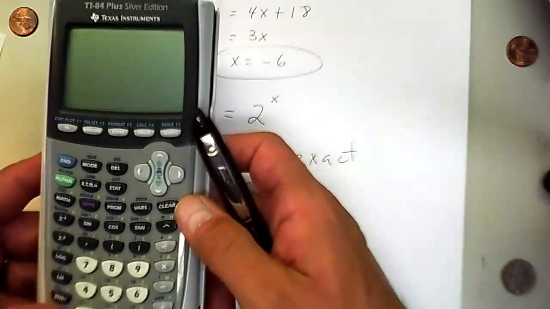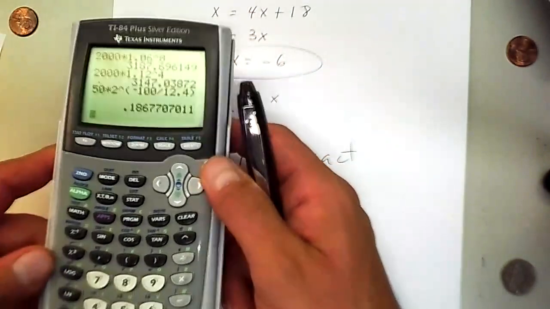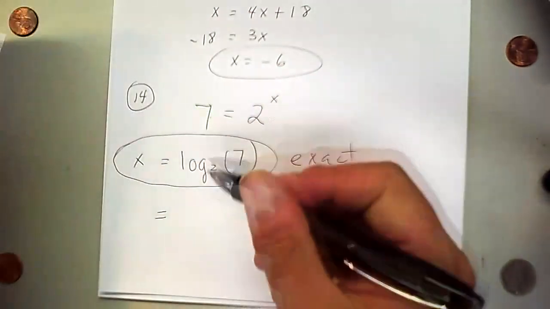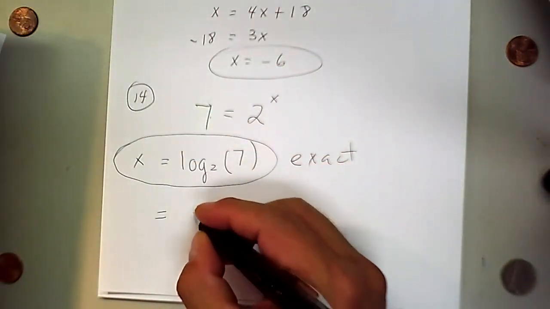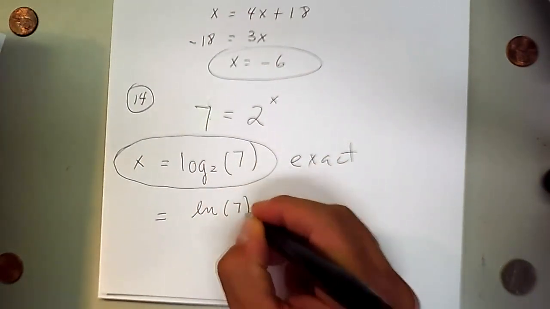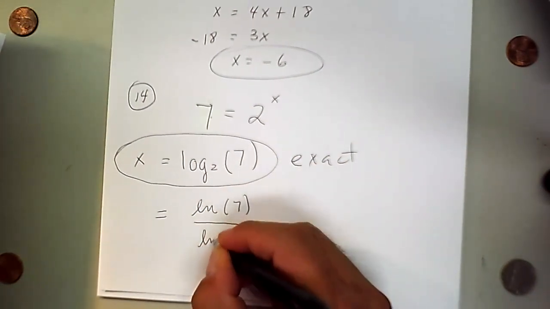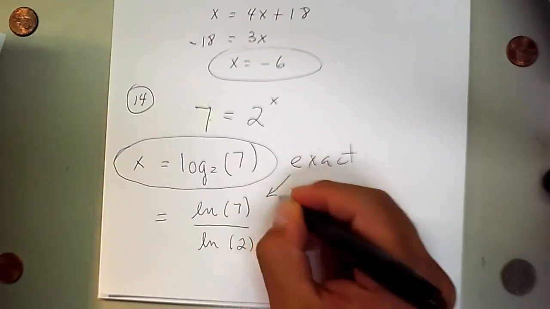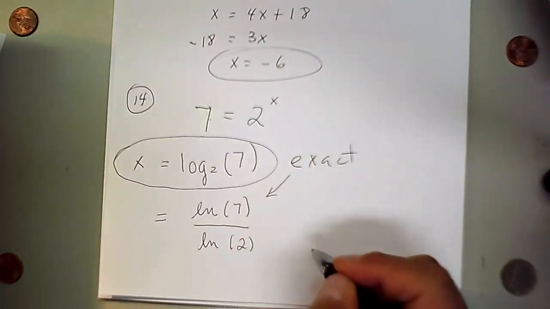I think some modern calculators may have it, more modern than mine, but mine doesn't. So I have to use the change of base formula. This is the same thing as the natural logarithm of 7 over the natural logarithm of 2. That is also exact. Those two are exact.